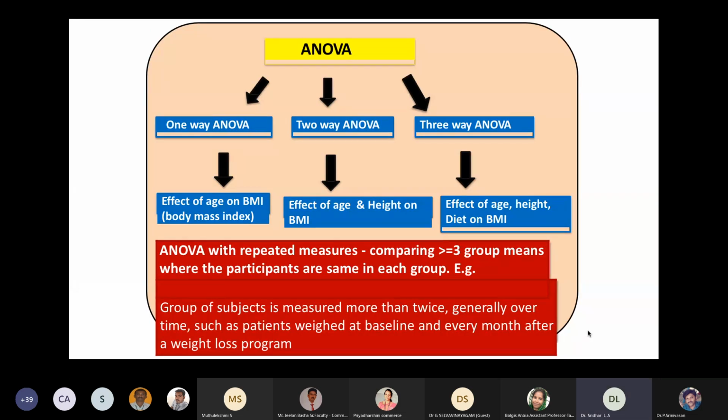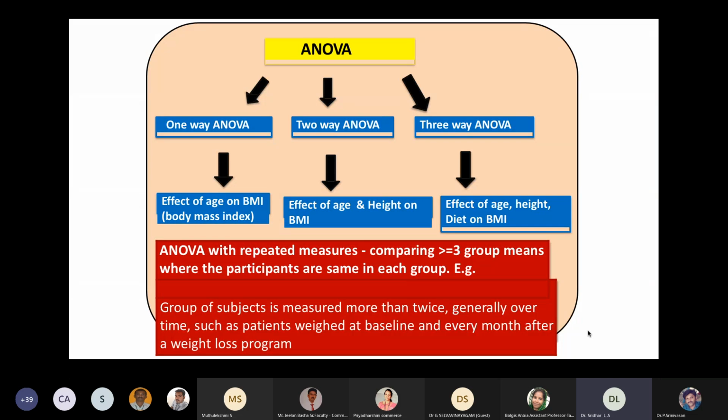It is actually one-way ANOVA, two-way ANOVA, and three-way ANOVA. Let me explain. One-way ANOVA: you take age and BMI, body mass index, and test the relationship. Two-way ANOVA: age and height with BMI, so you take two variables, two factors, and test them; this is called two-way ANOVA.